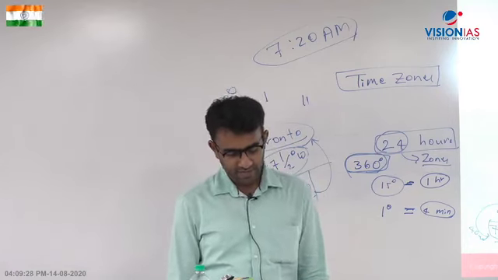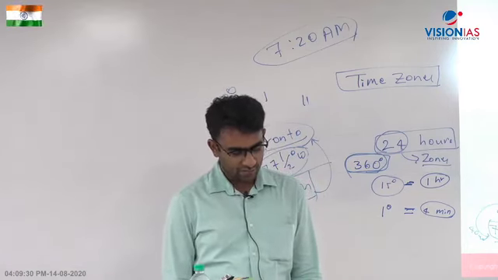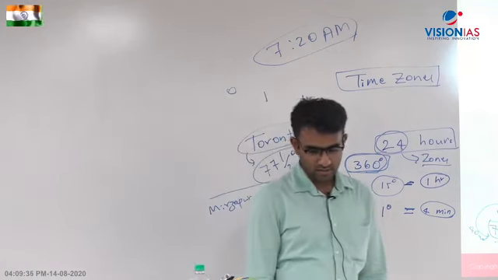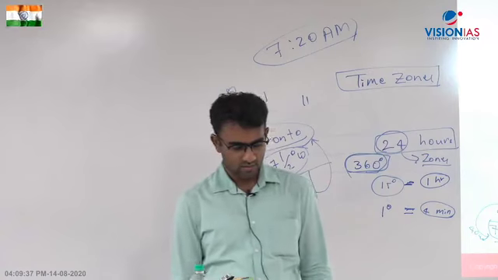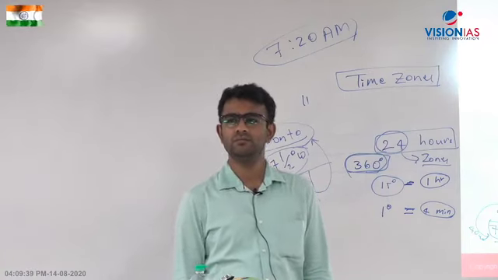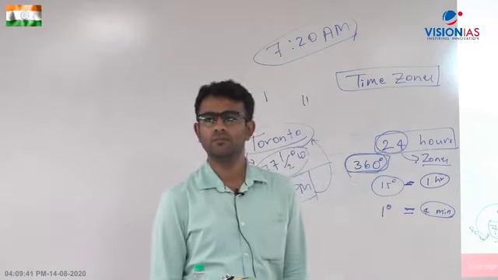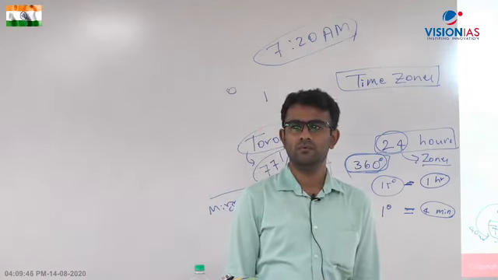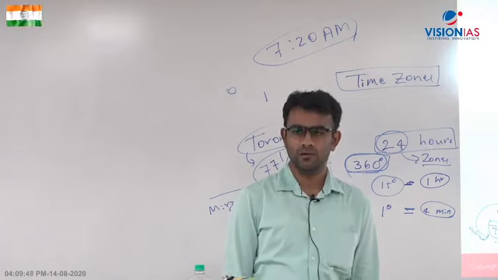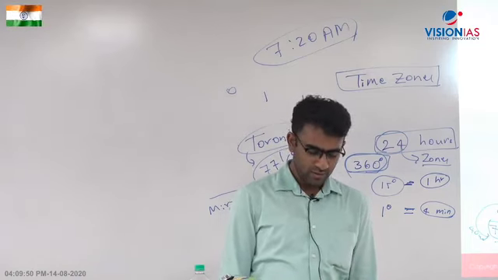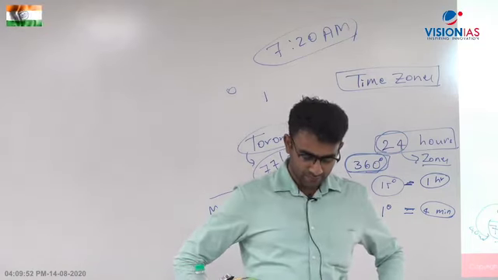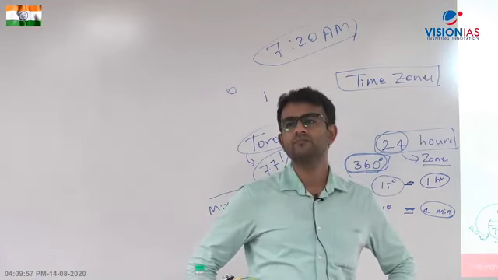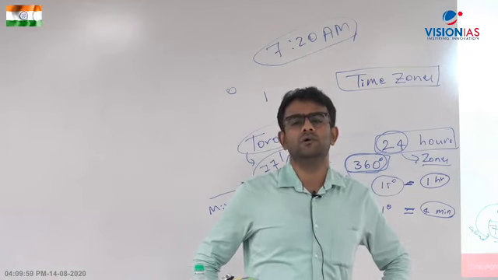A time difference of 1 hour is equivalent to 15 degrees of longitude.